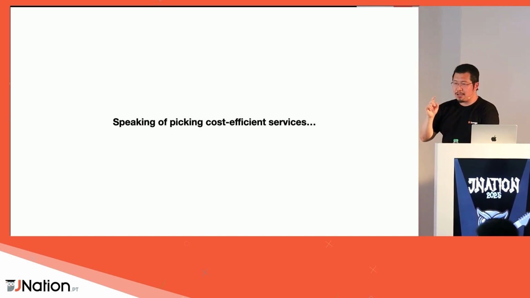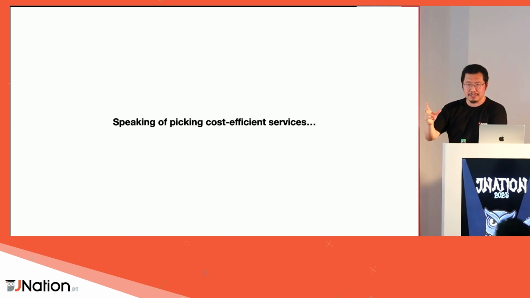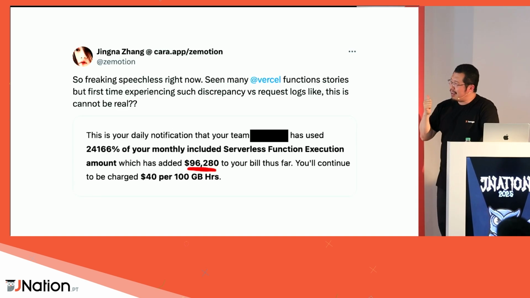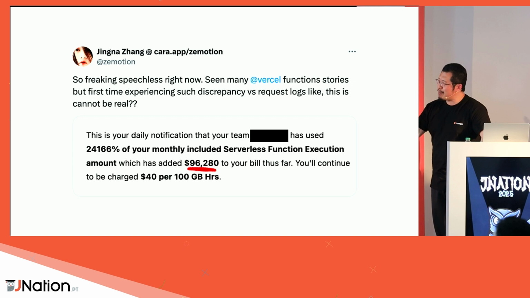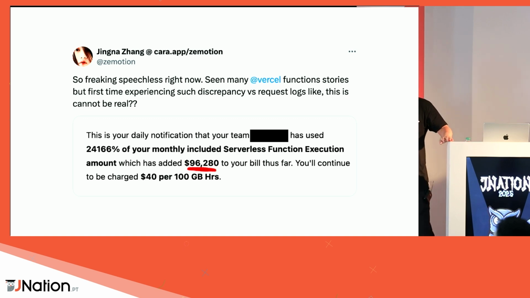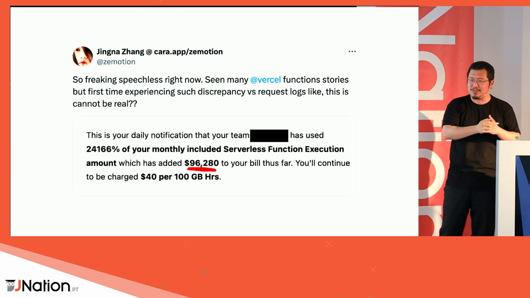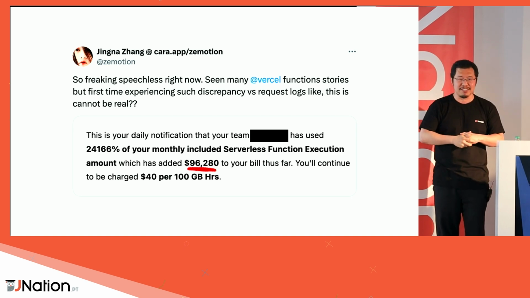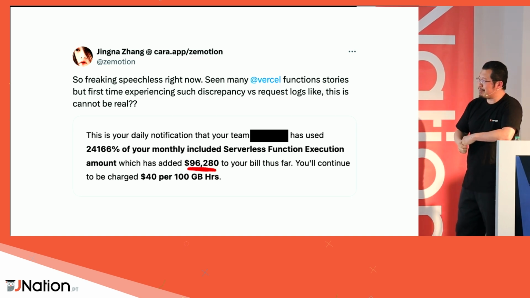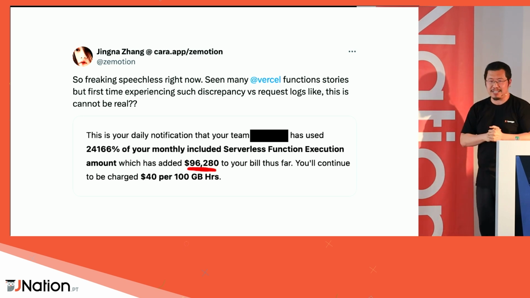And speaking of picking cost-efficient services or partners that you want to use, anyone remember this? It happened maybe a couple months ago now. A social network kind of just blew up out of nowhere, went from a few hundred daily active users to like 500,000 daily active users, and immediately got slapped with like a $100,000 bill from Vercel.